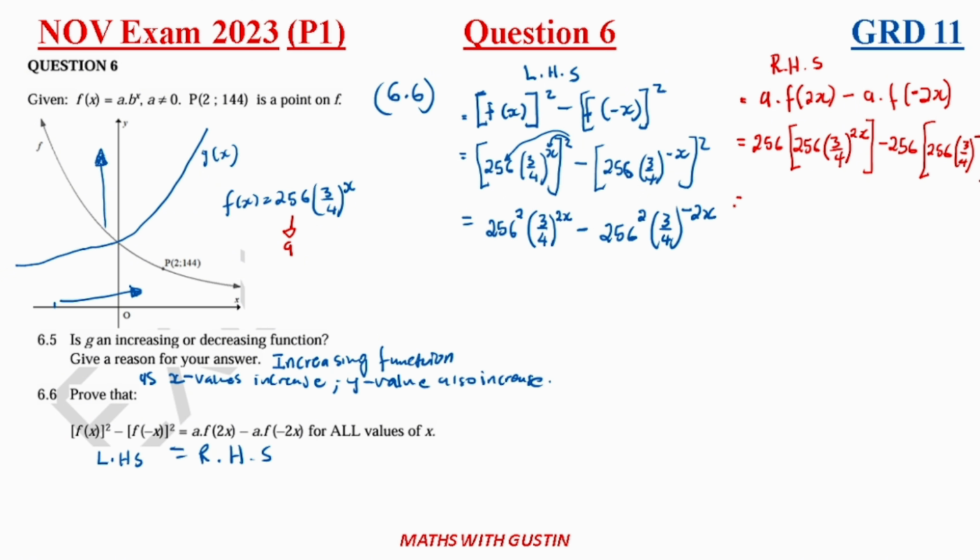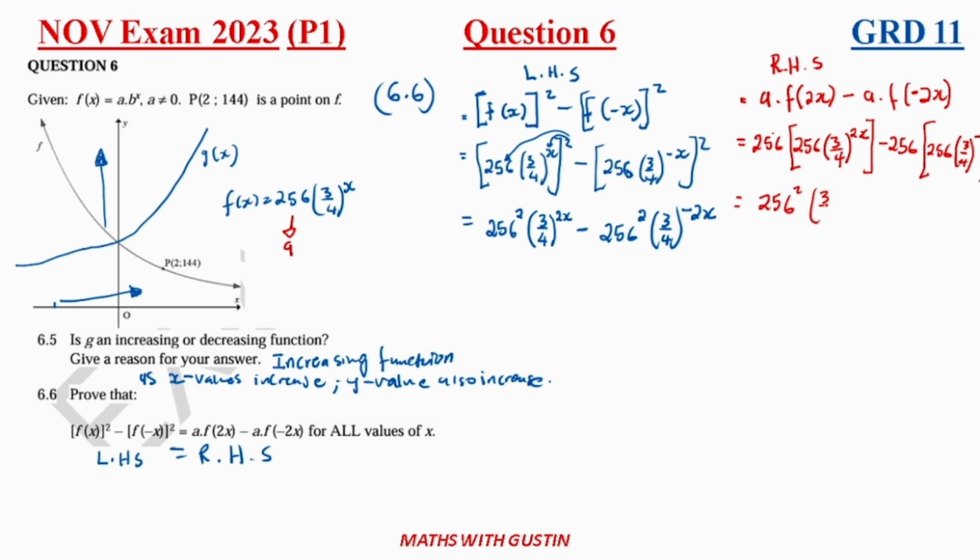There you go. Okay, so now what we need to do is remove the bracket. These are fairly easy, straightforward questions, but only if you apply the basics. So don't try to do something fancy. Just apply whatever they've given you and check if those two things will be equal. So here we can remove the bracket, and 256 multiplied by 256 is going to be 256 squared.